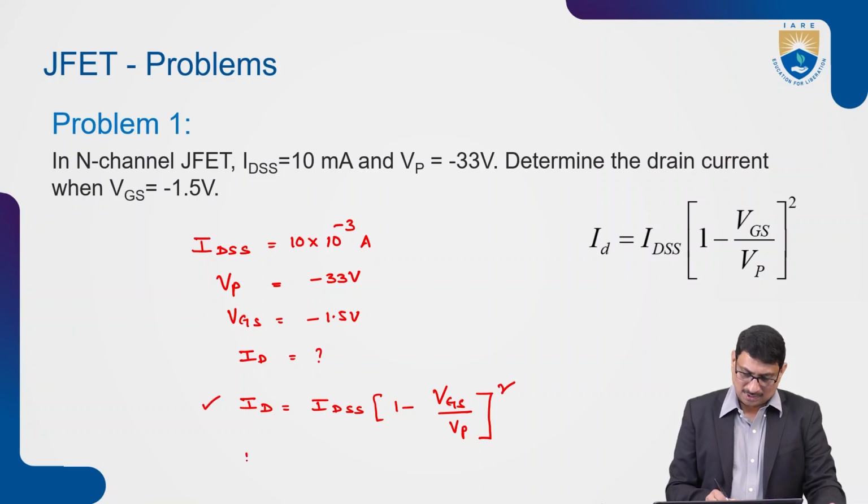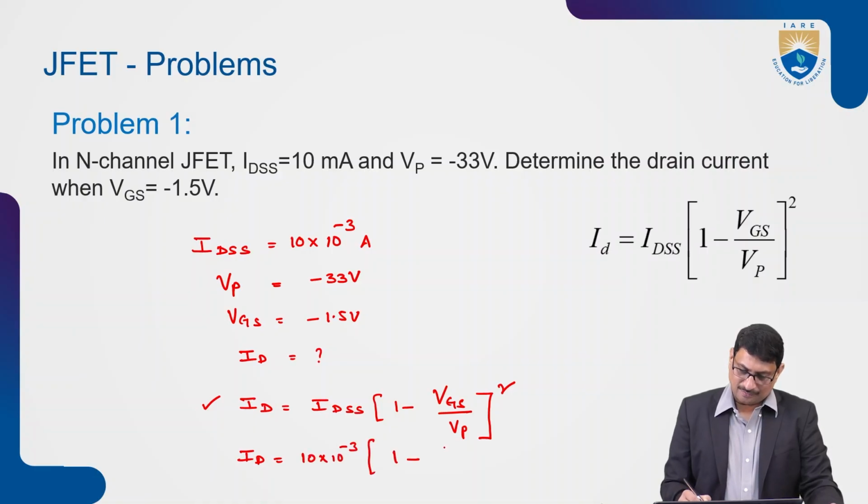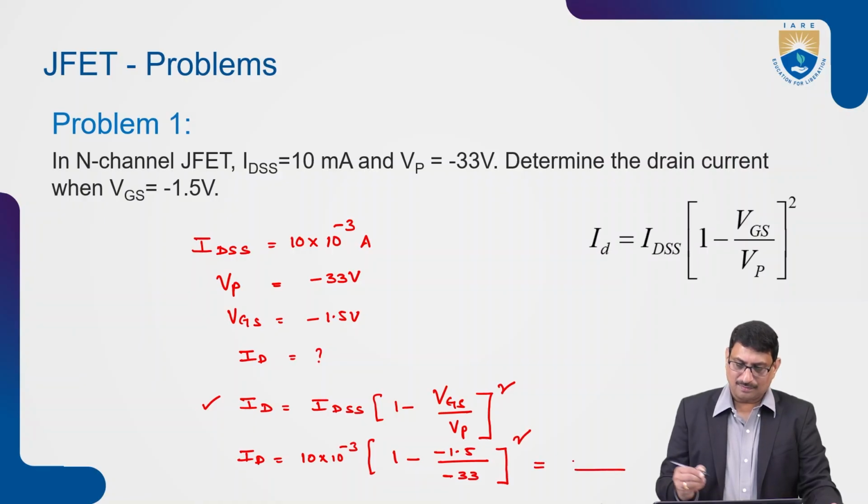So here we will substitute all these values. ID equal to IDSS into 1 minus VGS, minus 1.5 volts, divided by VP, minus 33 volts, and whole square. We'll simplify this equation and we'll get the value of the ID current.